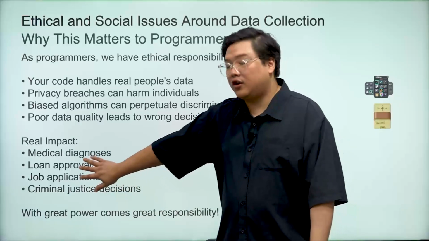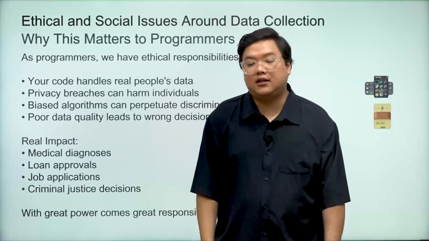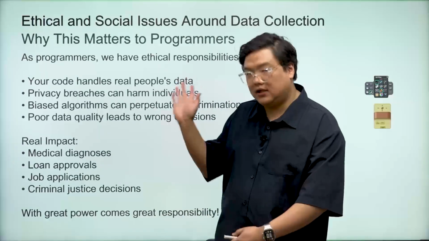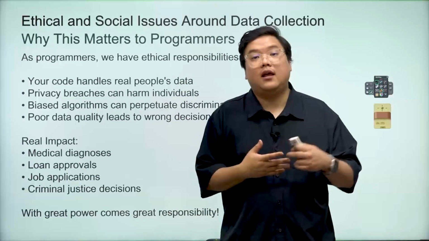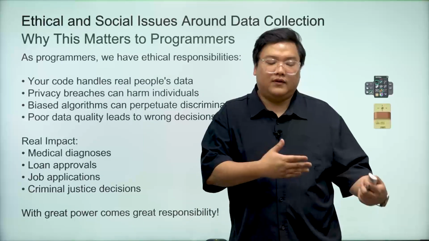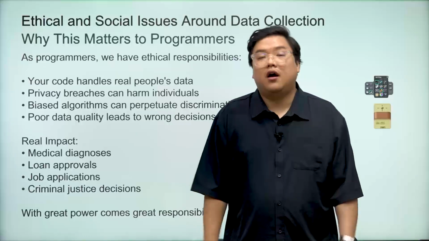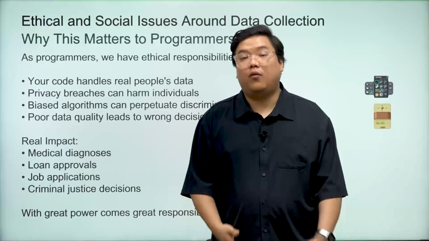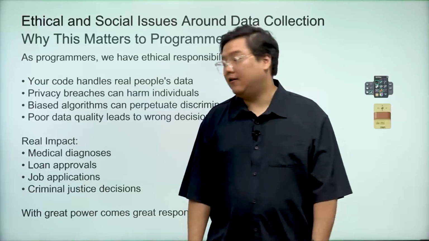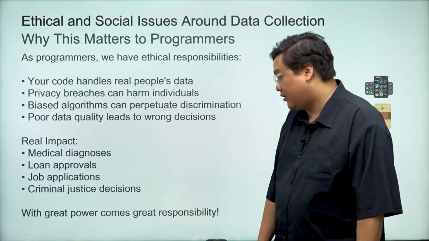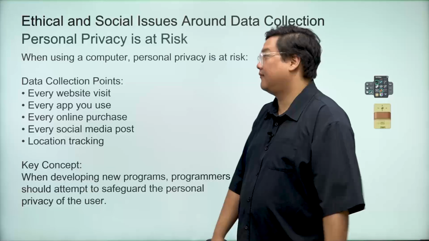If you're curious, you can go look up the cases. The exam won't specifically test you on this topic, but as programmers, we just need to be aware of how to be responsible and what kind of dangers there are, okay? So again, I've said this before, with great power comes great responsibility, okay?